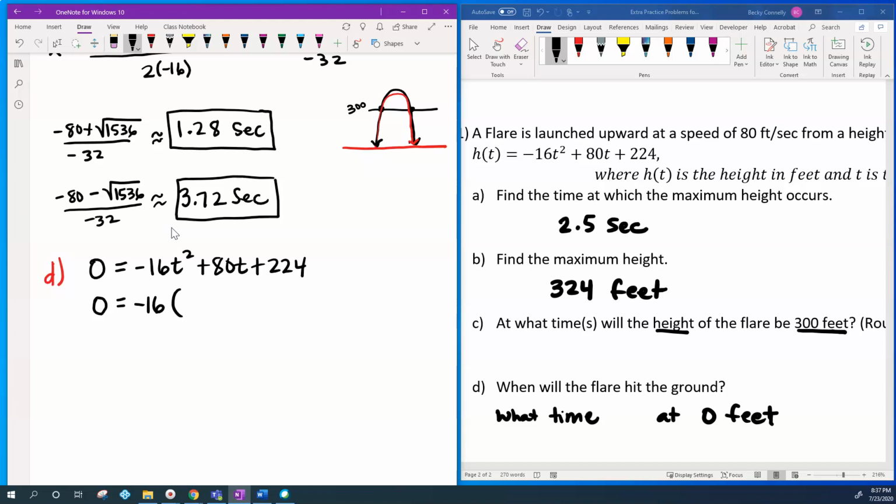I'm dividing each of these by negative 16, and they still end up becoming whole numbers. So we'll have t squared, then 80 divided by negative 16 is negative 5t, and then 224 divided by negative 16 is negative 14.